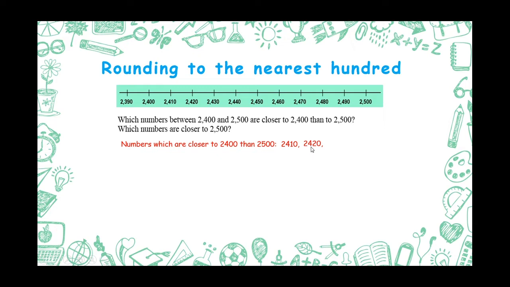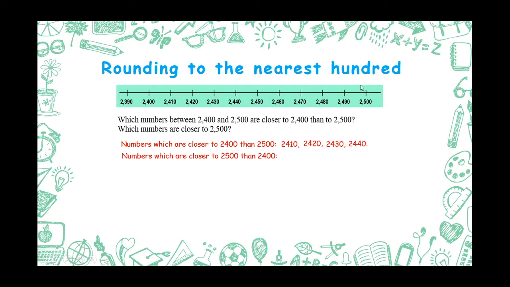Very good. 2,420. Next one. 2,430 and 2,440. Remember, same as last time. We have 1 ten, 2 tens, 3 tens and 4 tens. And we round down. If it's 4, 3, 2 or 1, we round down.